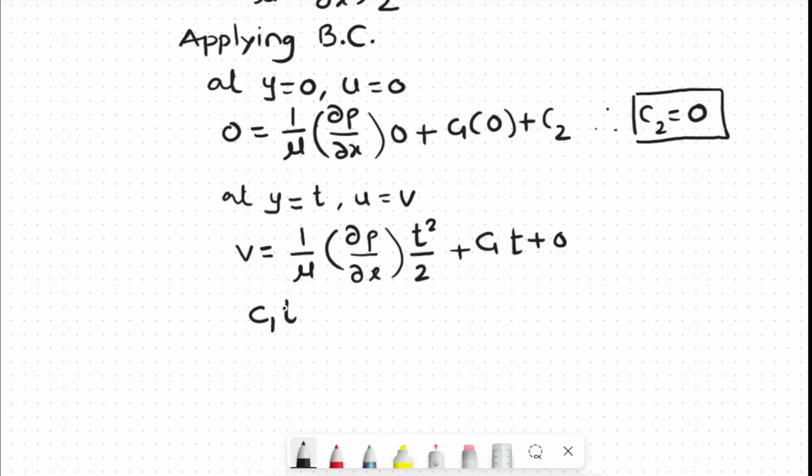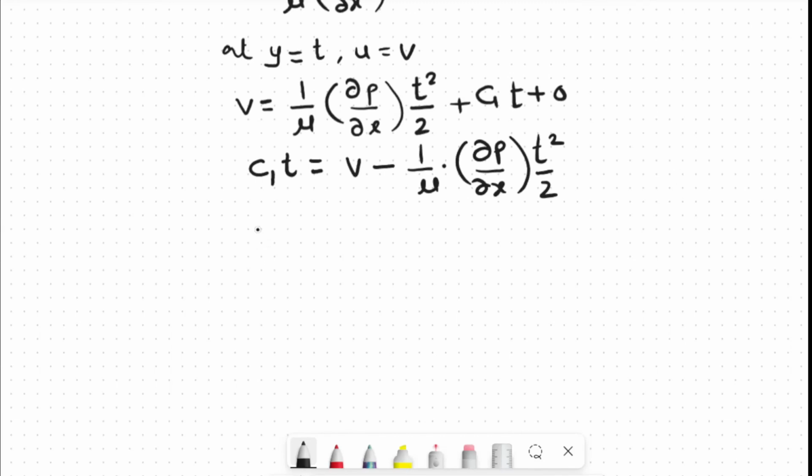So C1 into t is equal to V minus 1 upon mu into delta p by delta x into t square by 2. So I can say C1 is equal to V by t minus, if I divide by t, the t square by t will cancel out, 1 upon mu into delta p by delta x into t by 2.